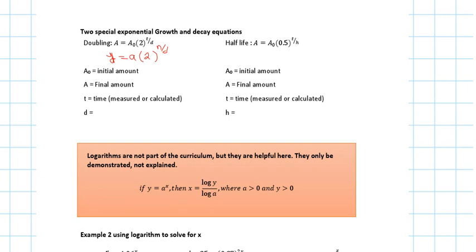D represents the doubling, the time it takes for the population to double.